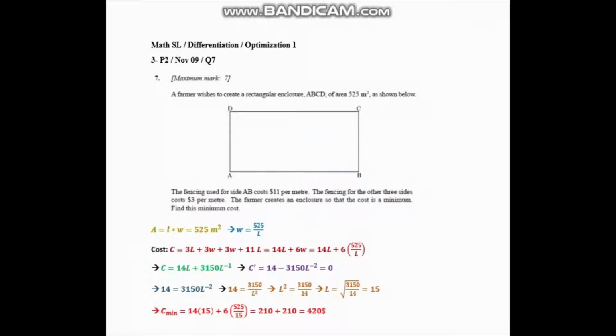So the total cost is given by 3L plus 3W plus 3W plus 11L, which is given by 14L plus 6W. As we said before, we cannot have two variables representing the cost, so we need to write one in terms of the other, which is why we went back to the equation of the area to get W in terms of L, so that we can remove this W and write it in terms of L, as in right there.